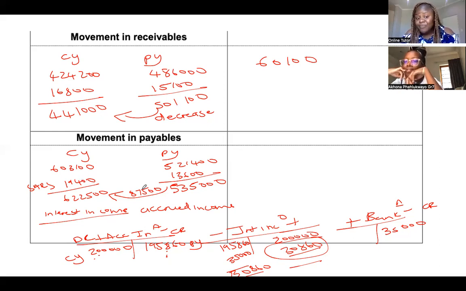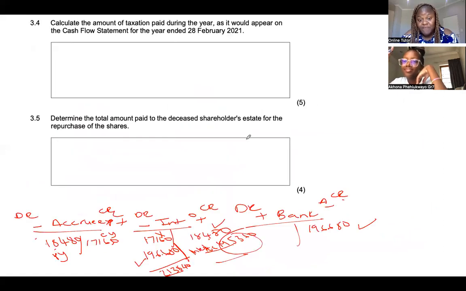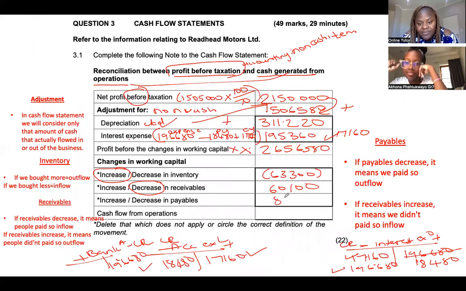But in this case, it's not going down, it's going up, which means we aren't paying, which means inflow. So inflow of 87,500. You comfortable with that? Cool. All right, and we said it increased.